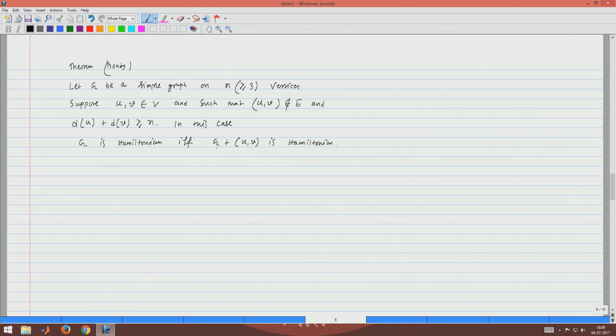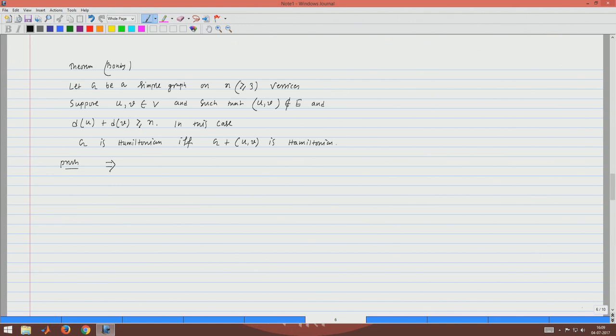By the meaning of G plus uv, this uv was not an edge in the graph G. Now, you add this edge uv in the graph G, that is the meaning of G plus uv. So, now in G plus uv, uv is an edge. Let me prove this. Suppose G is Hamiltonian, and I have to prove that G plus uv is also Hamiltonian.